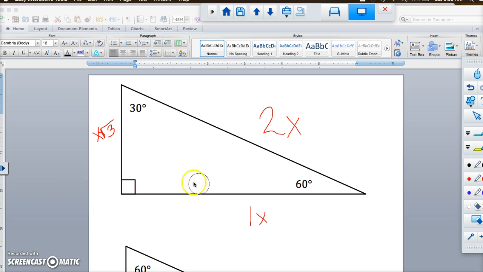Same principle if I give you this side. If I say this is 2 square root of 3, then you have to divide by the square root of 3 to get this side. It's 2, and then you multiply to get this side. It's going to give you 4.